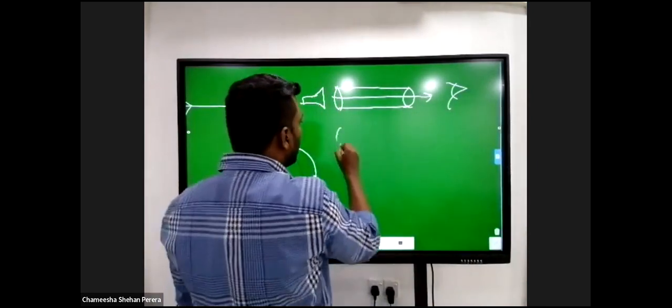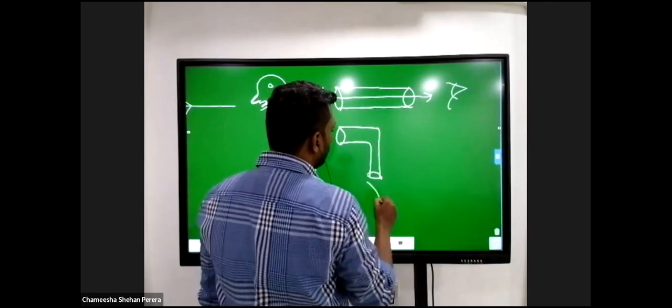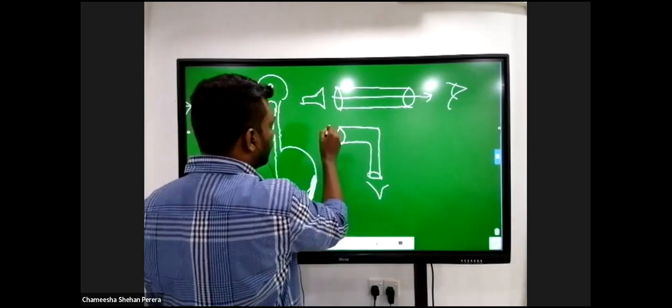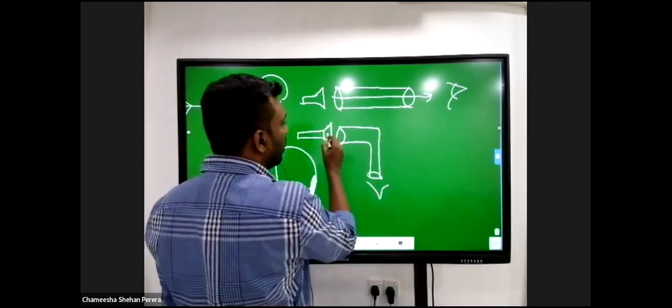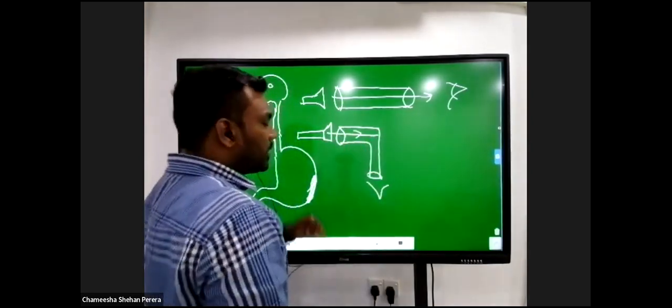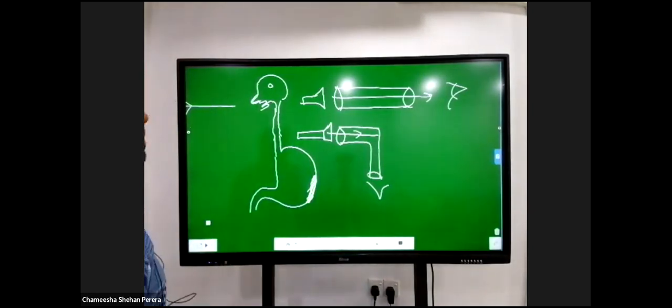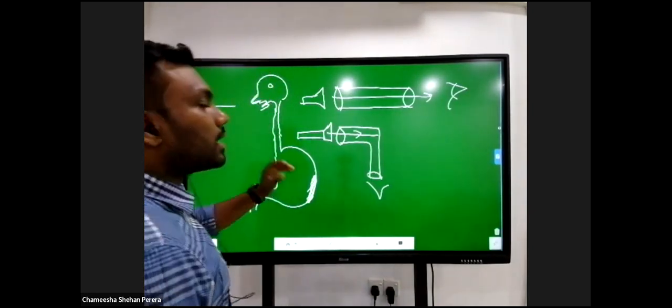But if you have a bent tube like this, and there was a light source on this side, you'll never be able to observe this light because light cannot go through these bends, right? Because of that, you will find difficulty checking the things inside the stomach.